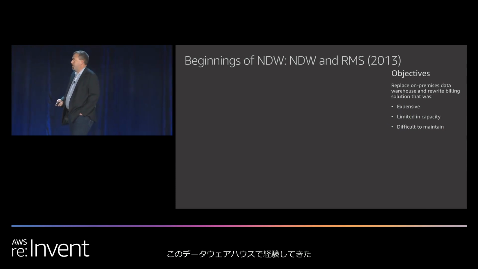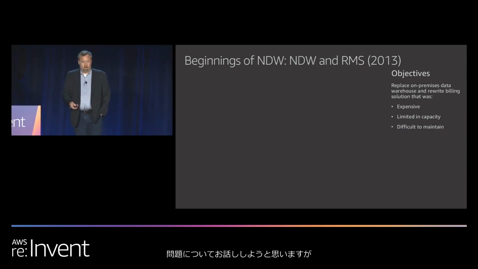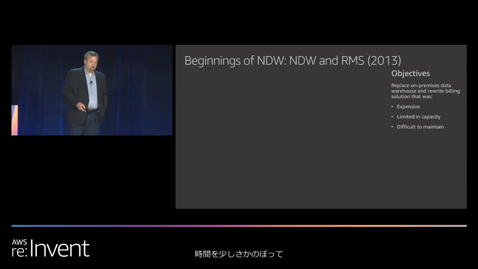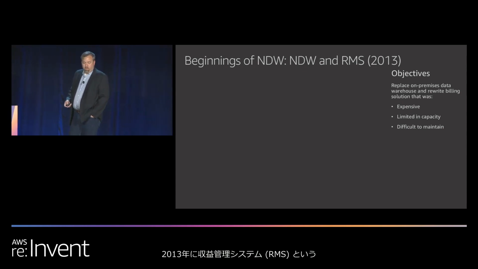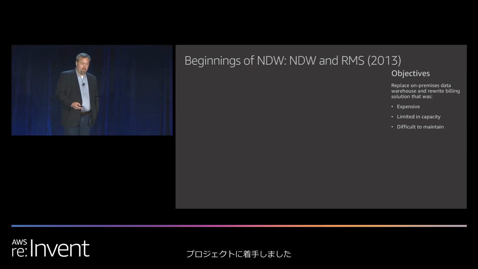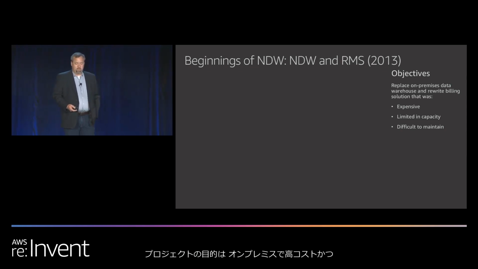So before we start talking about some of the issues that we've seen with this data warehouse, I thought we would just take a short step back in time and review how we got to where we are today. In 2013, Nasdaq embarked on a project called the RMS project, or the Revenue Management System.